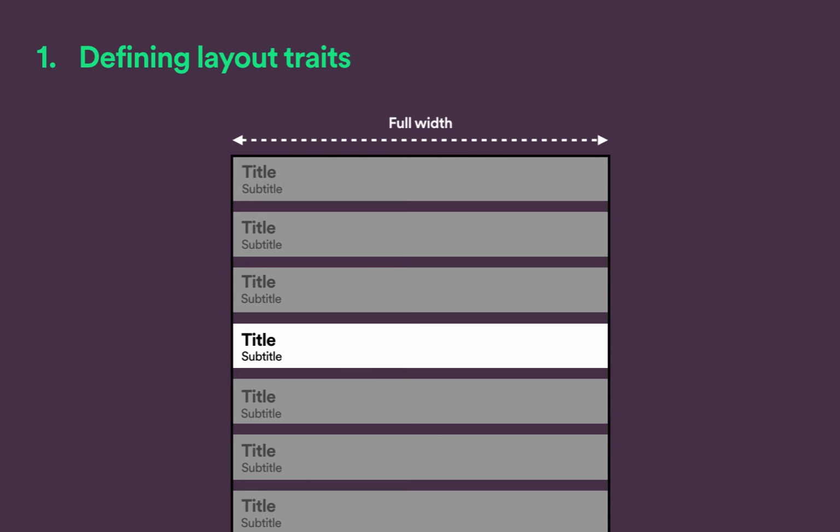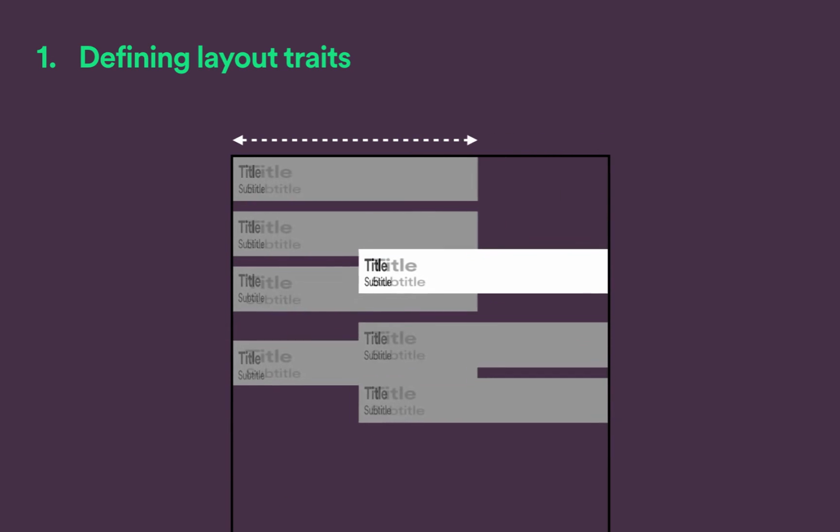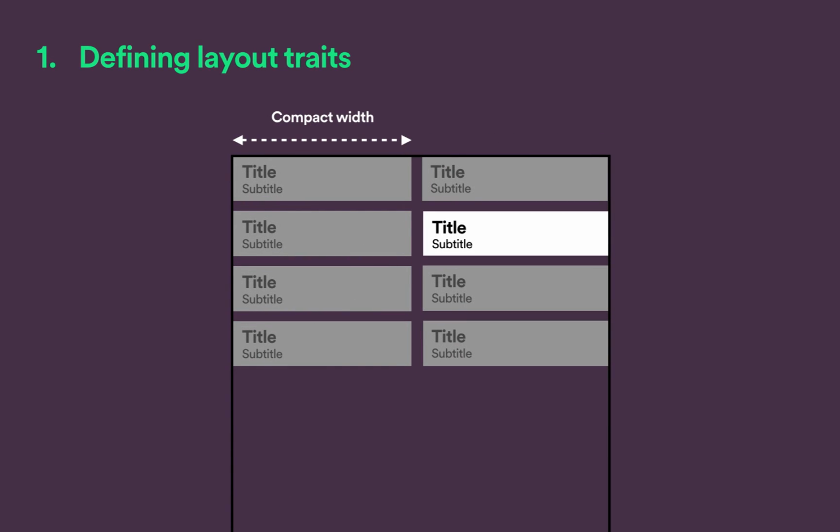At the same time, if we replace the full width layout trait with a compact width layout trait, then the layout would look like this. So we would have additional margin in between each component on the horizontal axis. This gives you a lot of power because you can very easily define how you want your component to behave in terms of layout with just assigning traits.